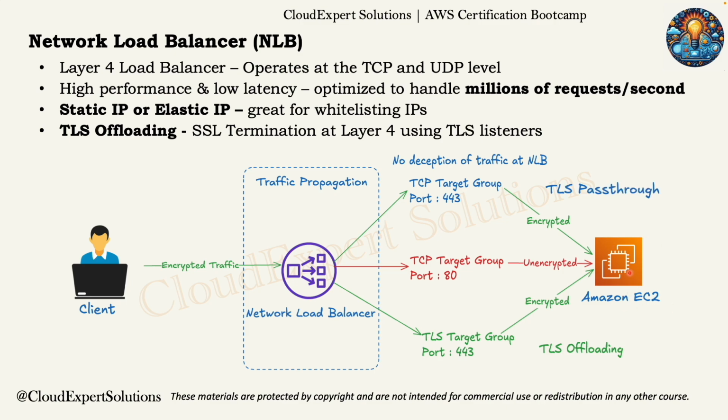Please remember, for TLS offloading, you have to create a TLS target group at port 443, and for TLS pass-through, you need to create a TCP target group at port 443. If you are creating a TCP target group at port 80, then your backend target will receive unencrypted traffic.